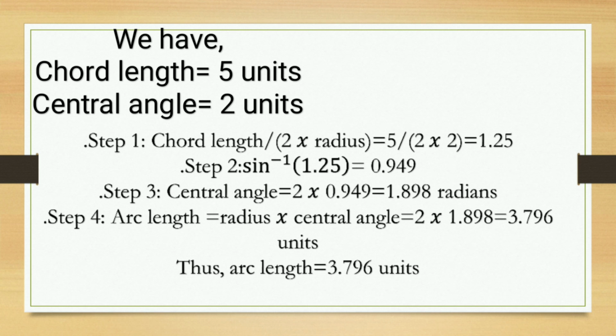Step 3, central angle equals 2 times 0.949 equals 1.898 radians. Step 4, arc length equals radius times central angle equals 2 times 1.898 equals 3.796 units. The arc length is 3.796 units.